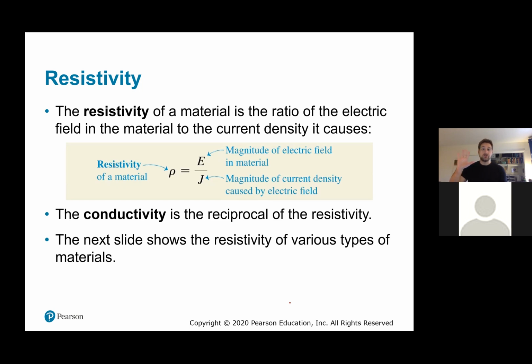How much field do we need per unit current density is a measure of how hard it is to push charge through this medium, and we'll call it resistivity.